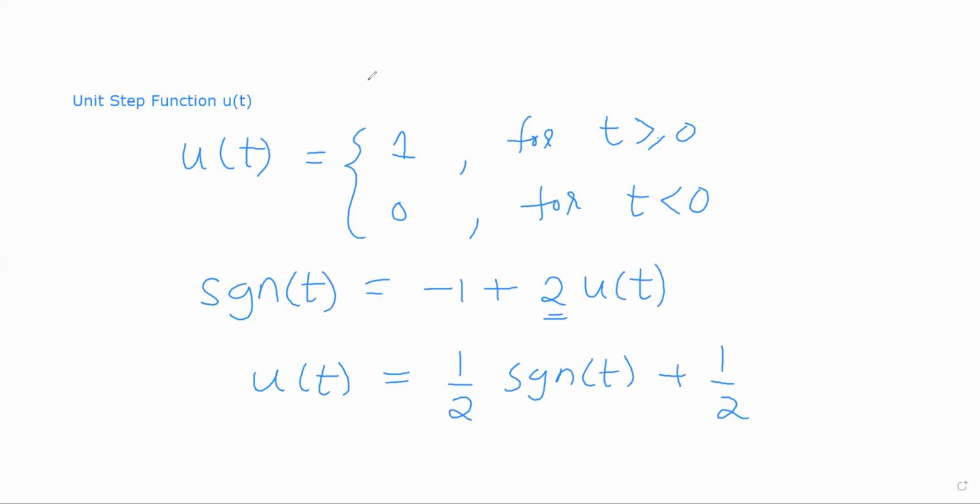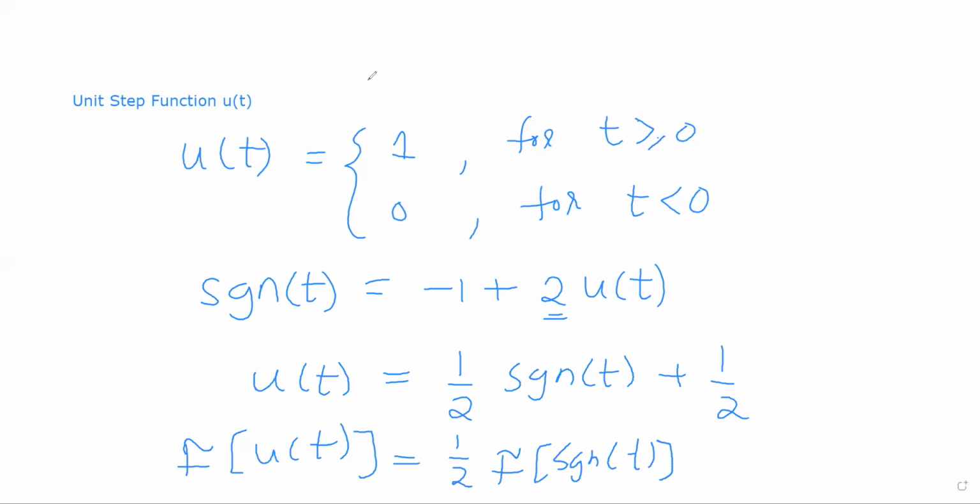Now if we want the Fourier transform of the unit step function, you need to take the Fourier transform of the right hand side, that is half of the Fourier transform of the signum function plus half of the Fourier transform of 1. We have already done the Fourier transform of the signum function and also of 1.